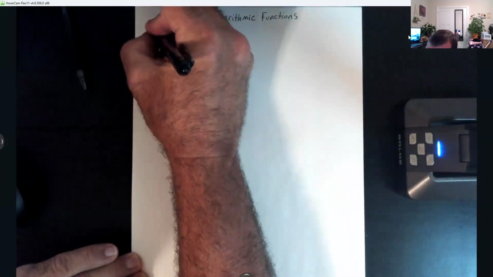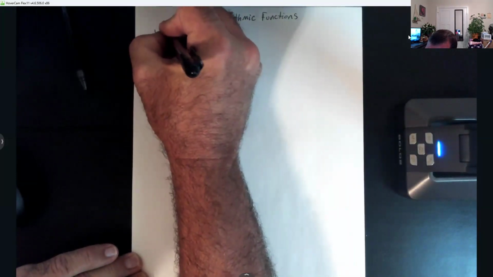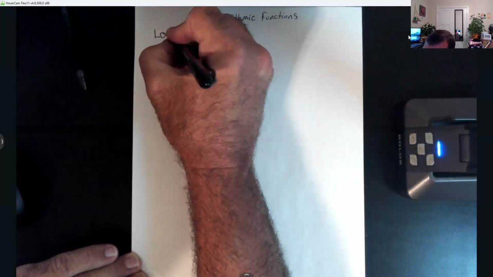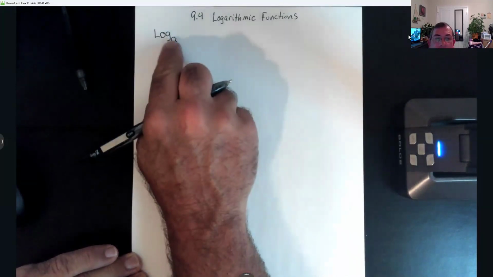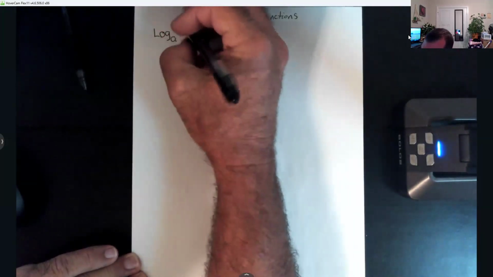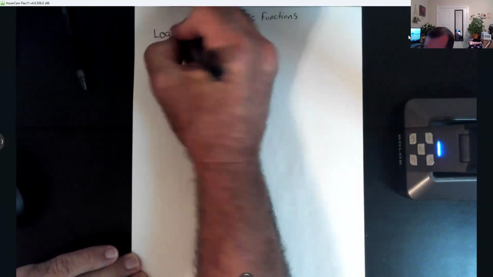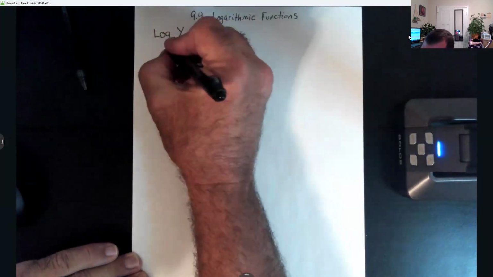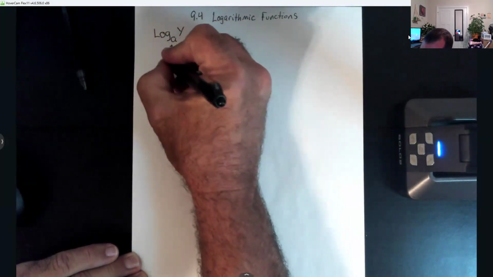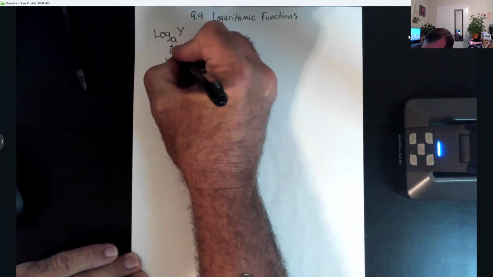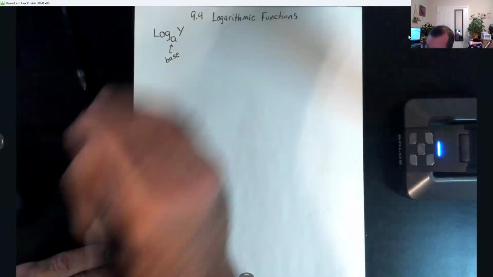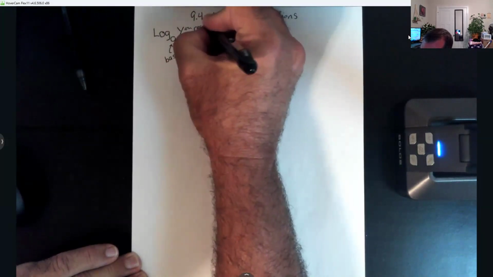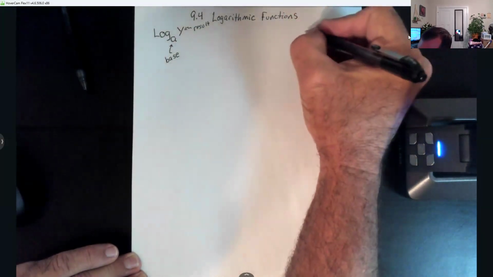So I'm going to show you some notation here. This is our logarithm notation. And then you'll see a little subscript and then another number. So A, we call the base. Y is the result. Now let me show you something over here.